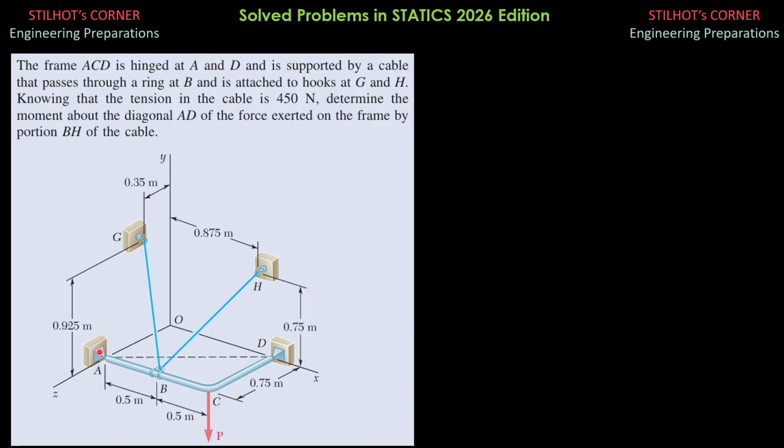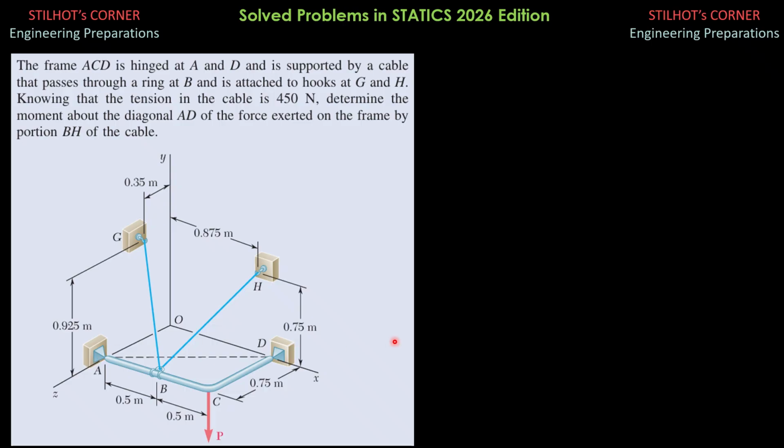But the simpler way is we use RAB cross the force. So that's the moment about A. Then we dot by axis DA or AD rather to obtain the component or the projection of the moment of the force about or along AD.